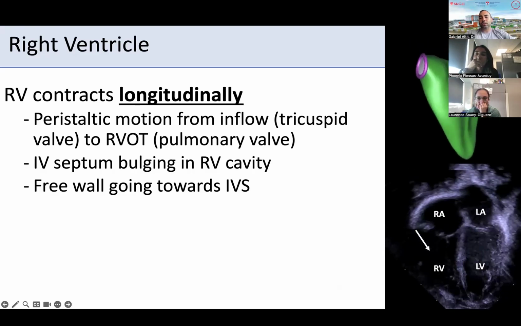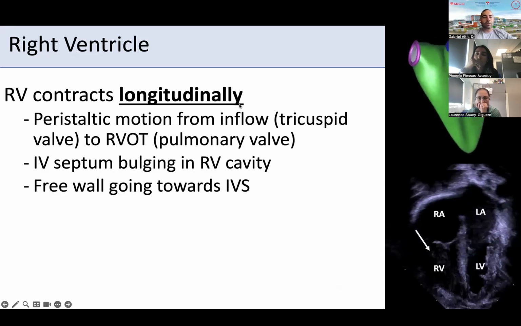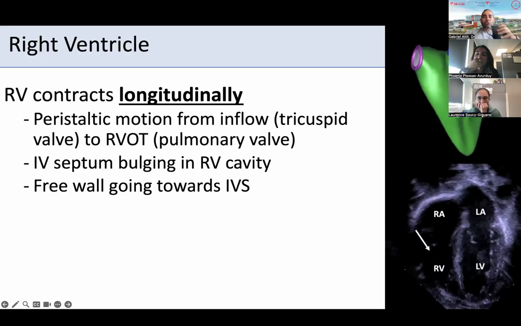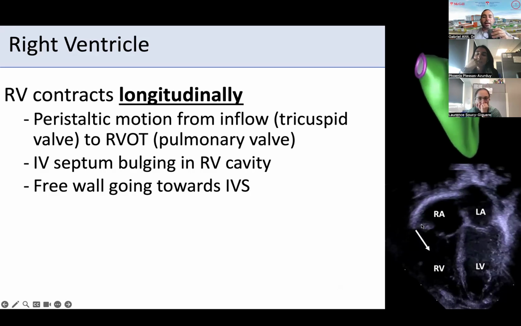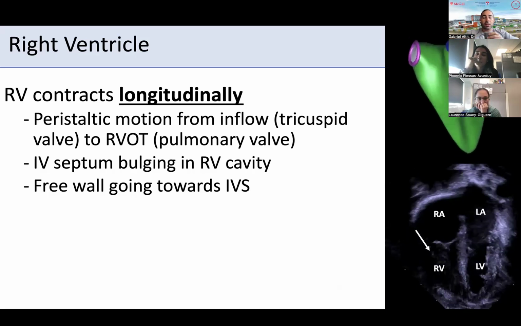It's the wall we see from the other view, the TET view, because this is the anterior wall of the RV and this is the posterior wall. Because it has more of that longitudinal peristaltism, like a jumping motion, we look a lot at how much the tricuspid valve is pulled within the RV cavity as a marker of longitudinal function.